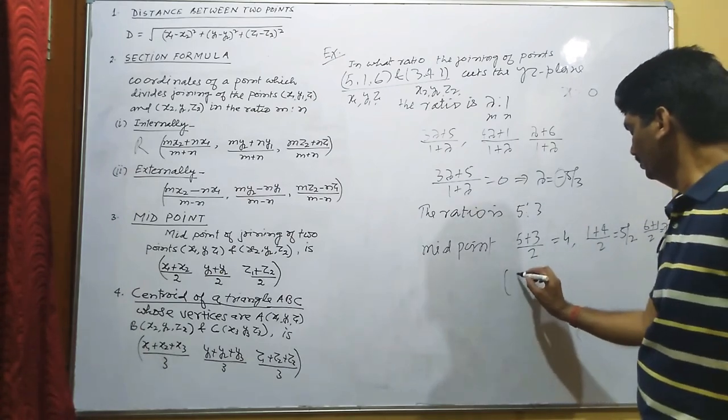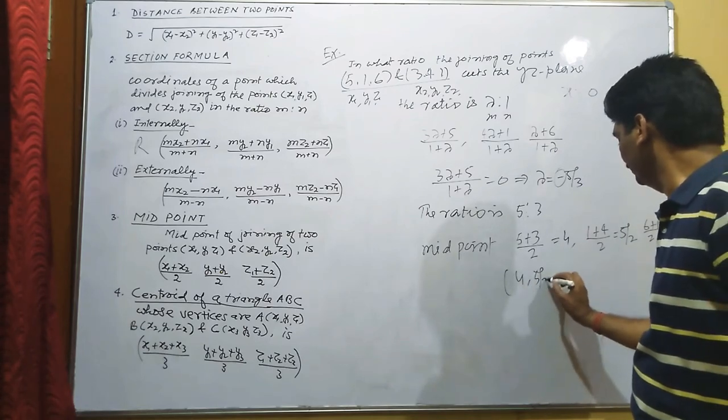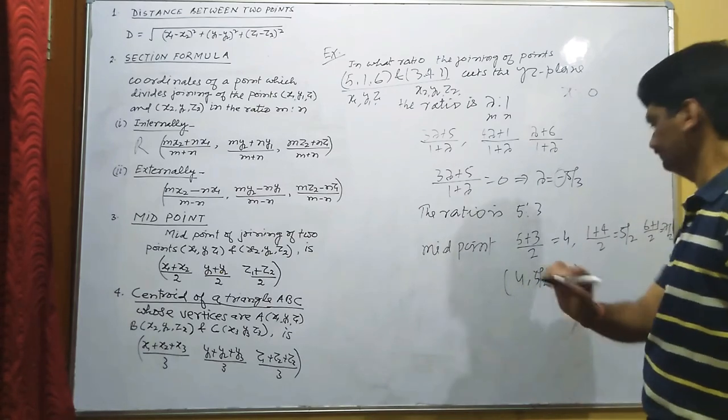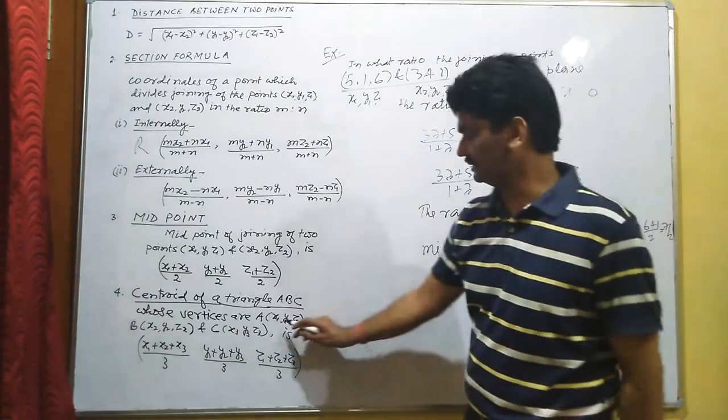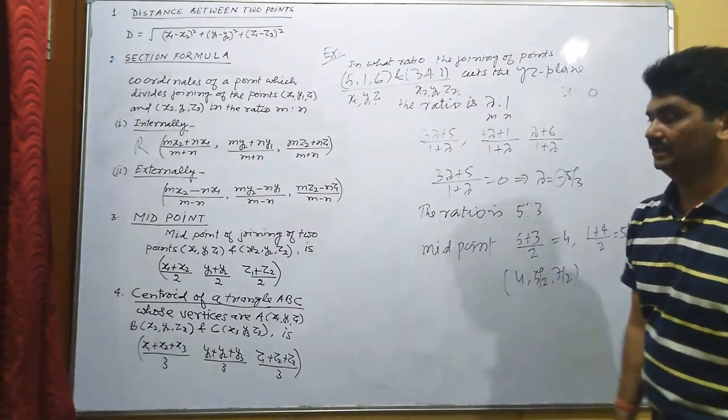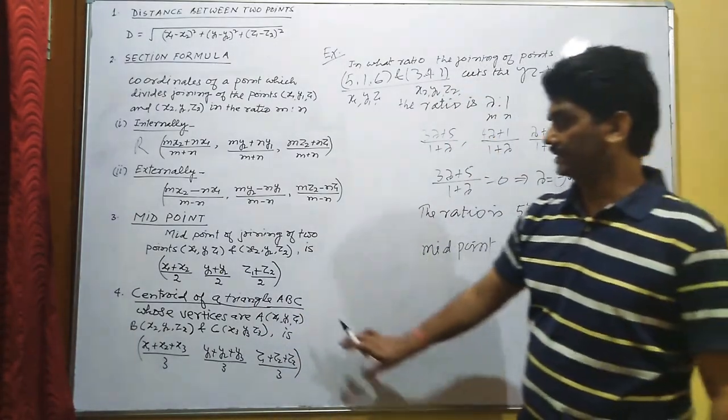Therefore, the coordinates are (4, 5/2, 7/2). Similarly, if the vertices of a triangle are given, you can find the centroid of the triangle.